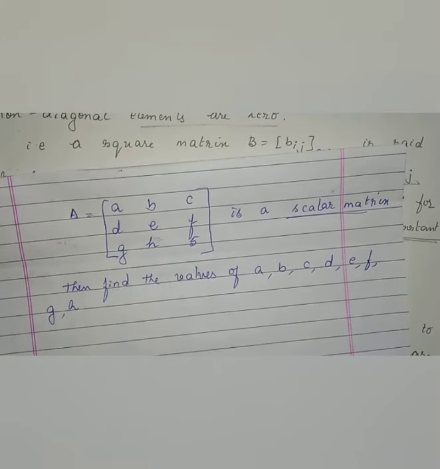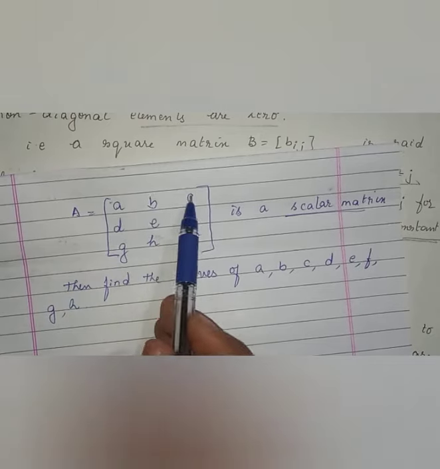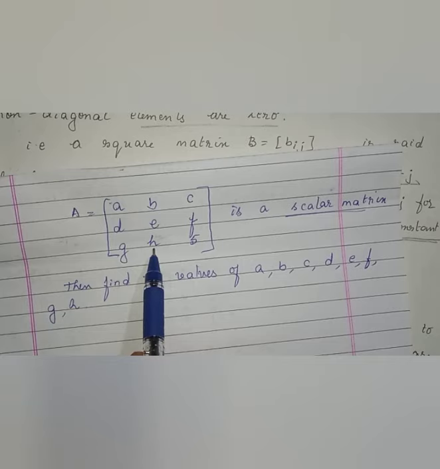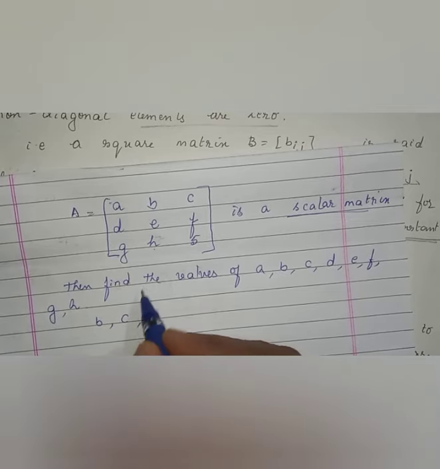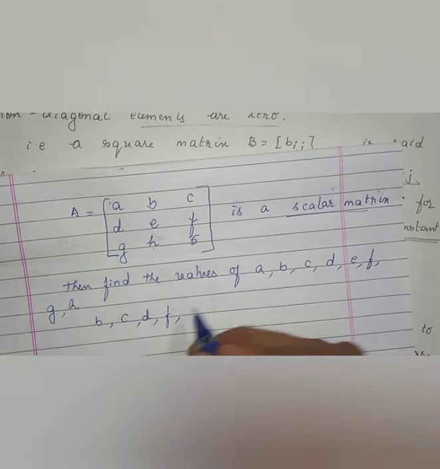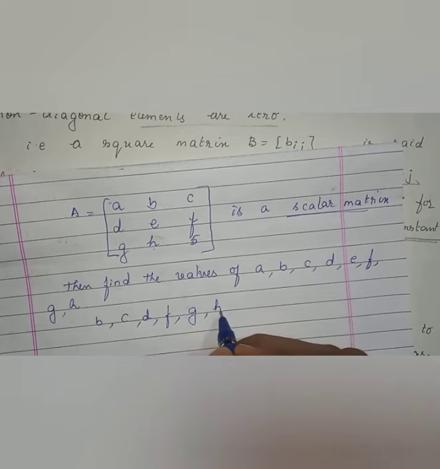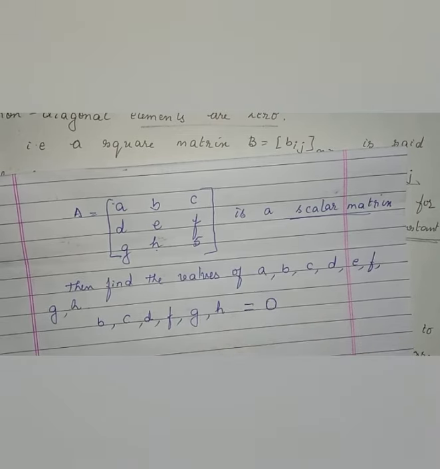What is the definition of the scalar matrix? A scalar matrix is a square matrix in which all the diagonal elements are the same and non-diagonal elements are 0. What are the non-diagonal elements? Non-diagonal elements are B, C, next one D, then F, then G, then H. So these are the non-diagonal elements. Therefore, these values are equal to 0.